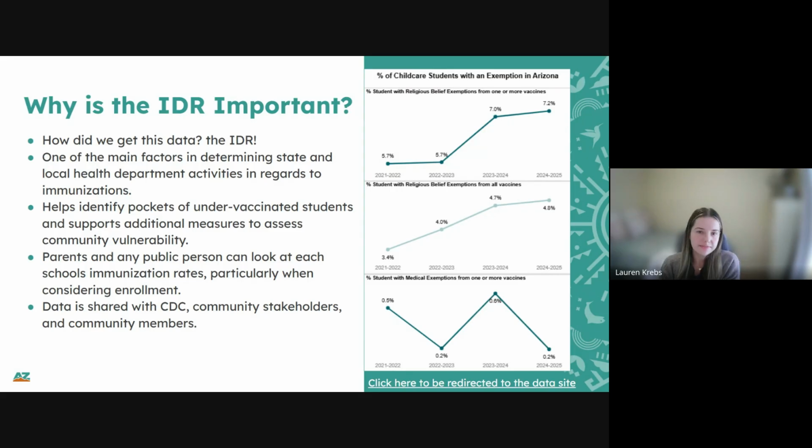It's one of the main factors in determining state and local health department activities in regards to immunizations. It helps us identify pockets of under-vaccinated students and supports additional measures to assess community vulnerability. Parents and anyone in the public can look at each school's immunization rates, especially when considering enrollment. This data is shared with the CDC, community stakeholders, and community members.